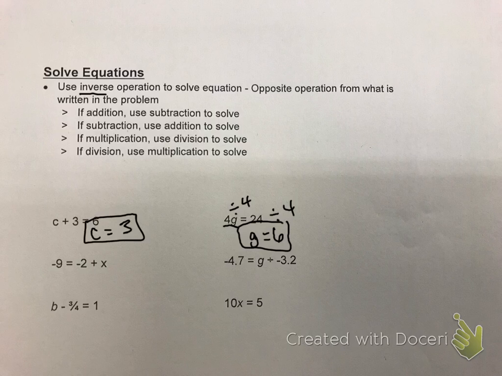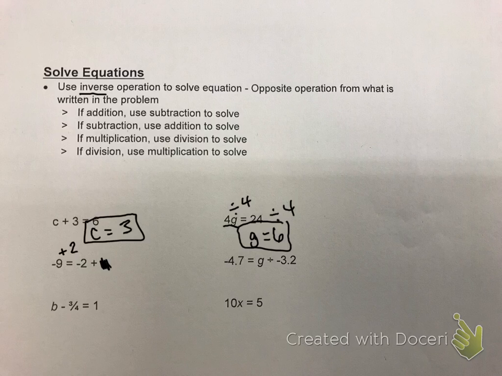The next example is something that you have to pay very close attention to, and that's because we've got a negative number. Okay, so negative 9 equals negative 2 plus x. So again, some number plus negative 2 gives me negative 9. Well, if I'm going to figure that out using the inverse operation, I've got to add a positive 2.